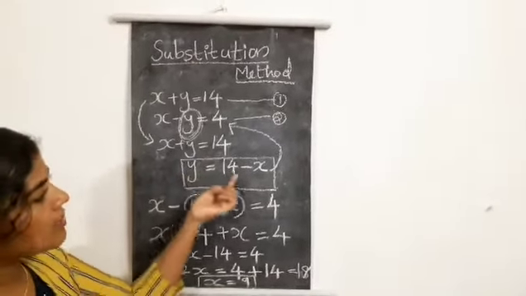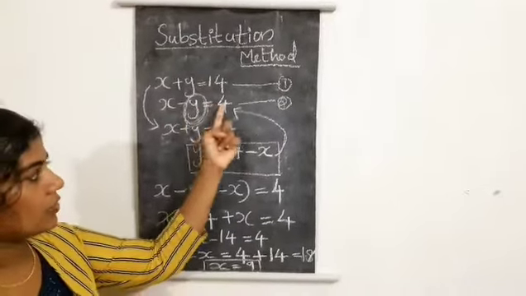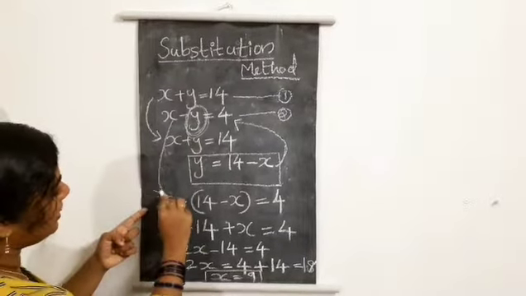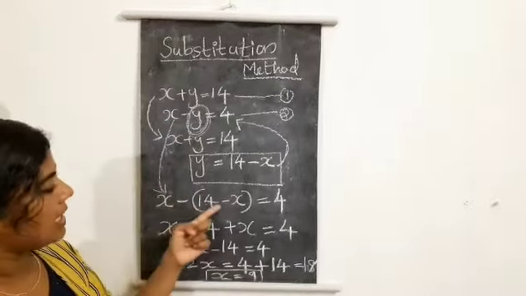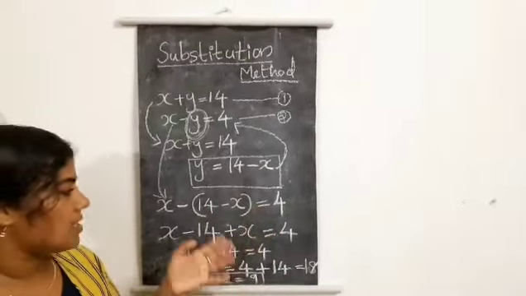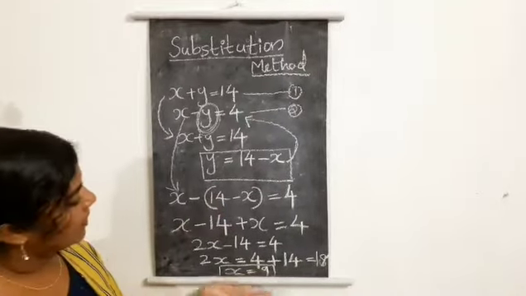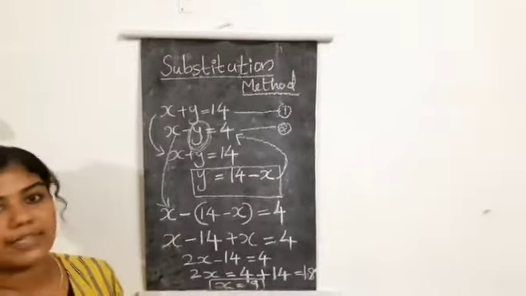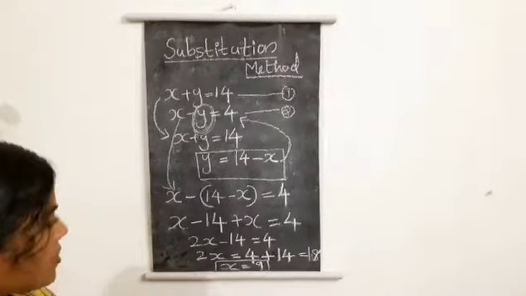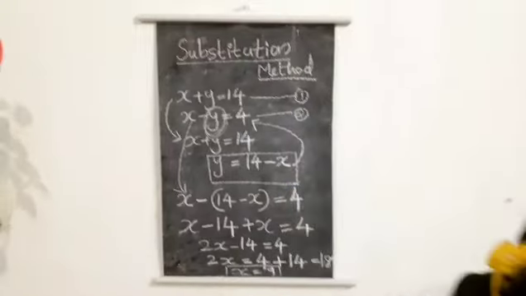Then I substituted that value in equation 2, x minus y equal to 4. The substitution was done here: x minus (14 minus x) equal to 4. Then you have to remove the brackets, that is a must. And at last we got the answer x equal to 9. Next we are going to substitute that value in our equation.